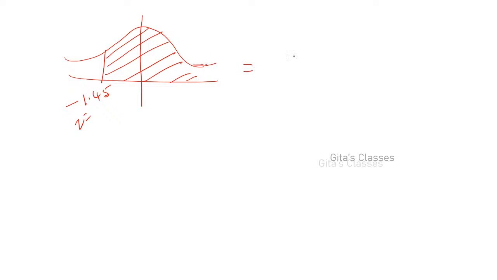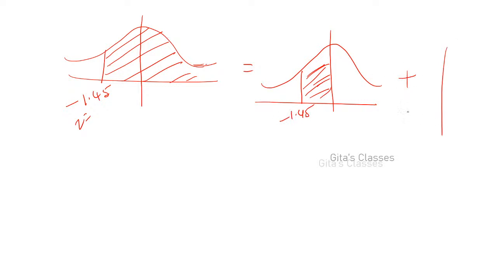So this can be written as, I'm going to split it into two, because I want to make use of the table. The right hand side up to minus 1.45 plus the rest, you know that this entire half area is 0.5.